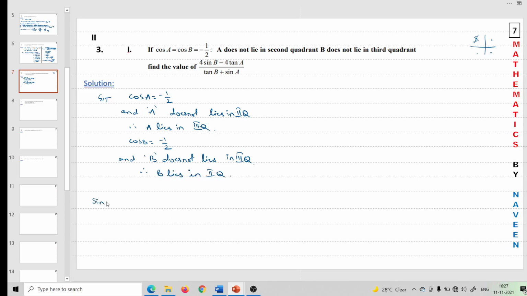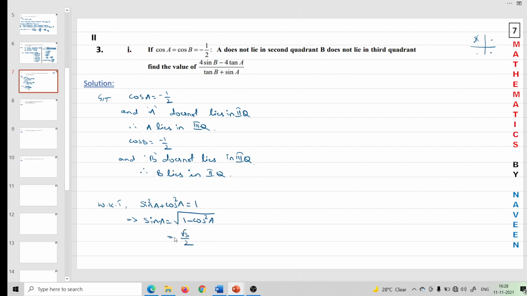See, we know that sin square A plus cos square A is equal to 1. So from this, sin A can be written as square root of 1 minus cos square A. Substituting the cos value and simplifying, sin A is equal to root 3 by 2.